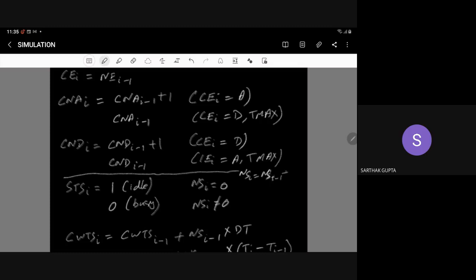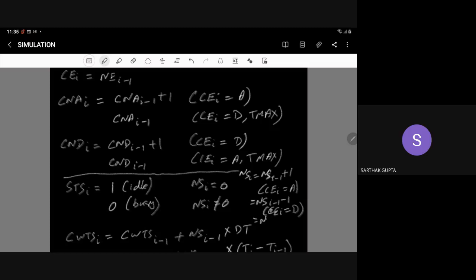NSi is NSi minus 1 plus 1 when the current event is an arrival. It is NSi minus 1 when the current event is a departure.